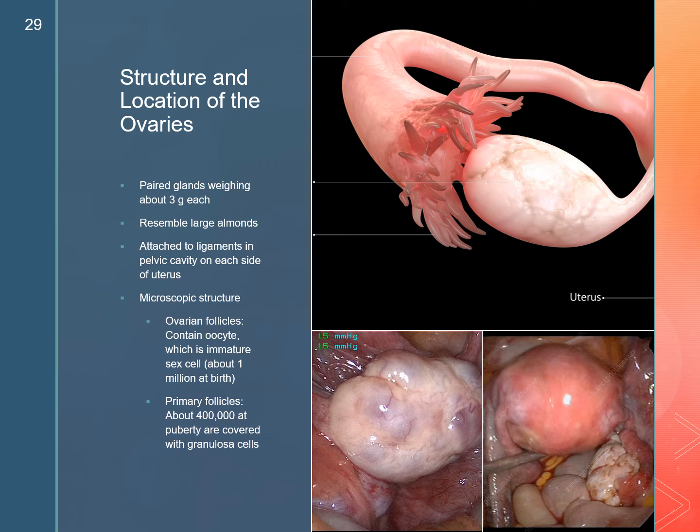We talked about it with the integumentary system, how our skin has follicles, which are little pathways where hair develops. This is a little area similar to that where an egg, or oocyte, develops into a mature sex cell. The female has about 400,000 primary follicles at puberty, and that is the maximum amount of potential ova that the female is going to have.